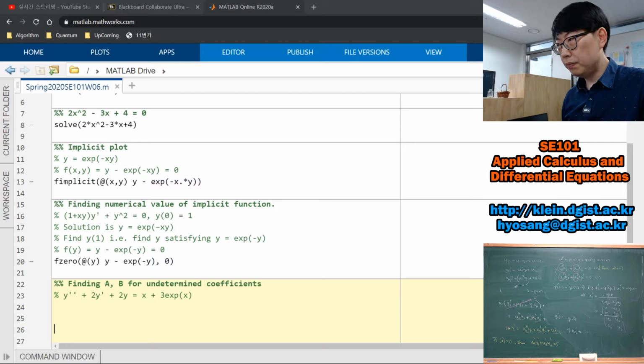Homework is already up in the LMS. We're going to have a quiz next week. And I'm not going to tell you whether it's on Monday or Thursday. So it could be the next lecture.